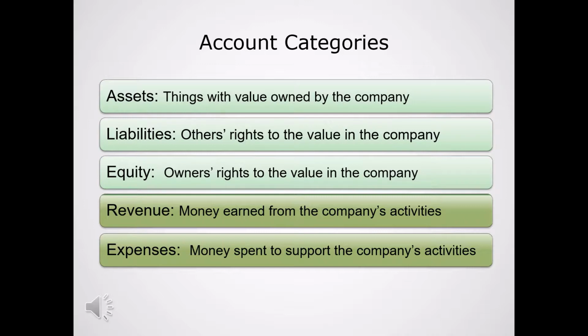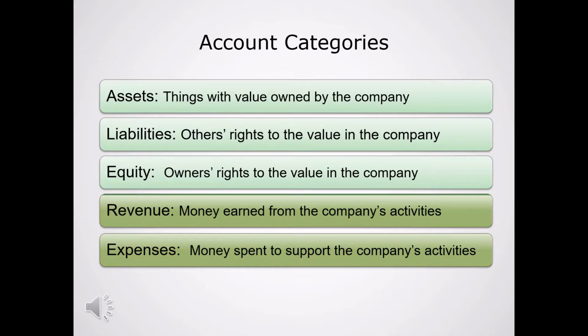We have an obligation to them, so they have rights to the value in our company. Equity are the owner's rights to the value in the company. When we earn more money, when we put in more money as a cash contribution, our rights to the value of those assets increase. The other two accounts, revenue and expenses, indicate the money that we earn and the money that we spend for our regular course of business.